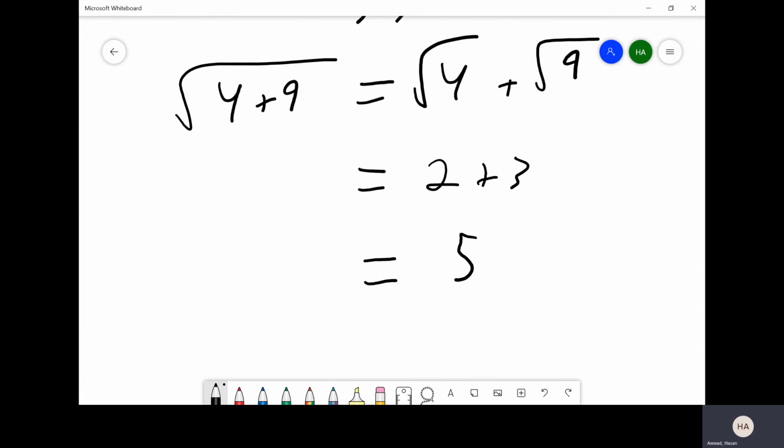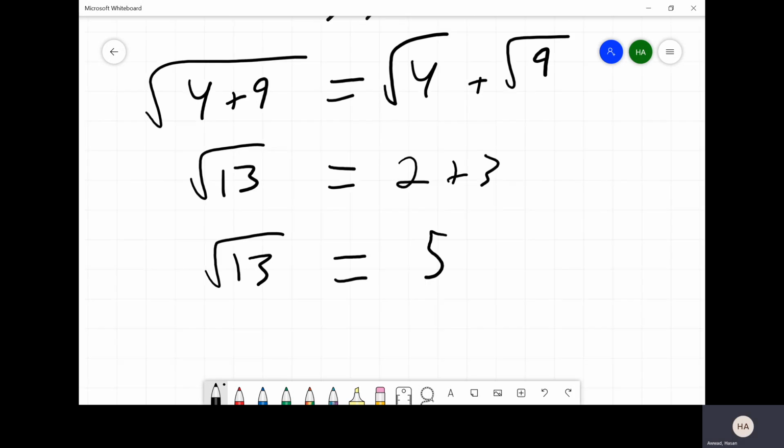And on the left-hand side, we have the square root of 4 plus 9, so we get the square root of 13. And you say to yourself, well, is the square root of 13 equal to 5? Probably not. And why do I say probably not?